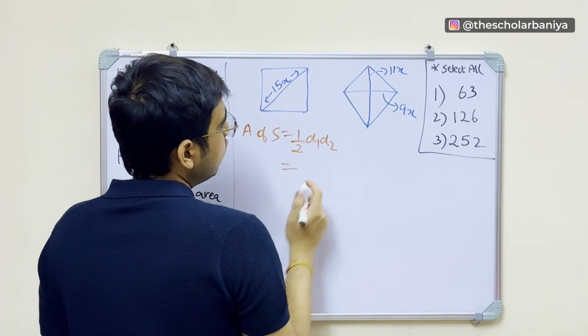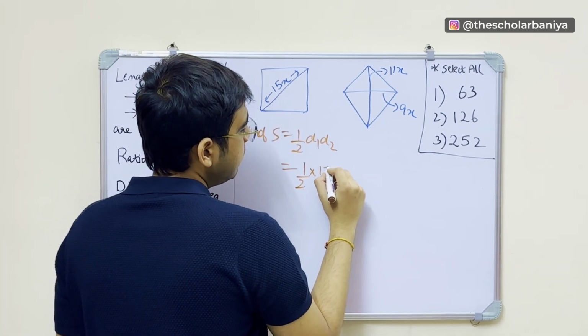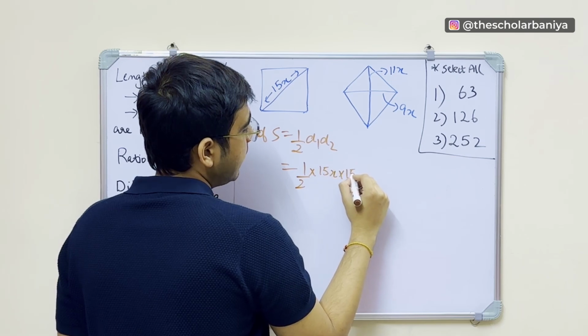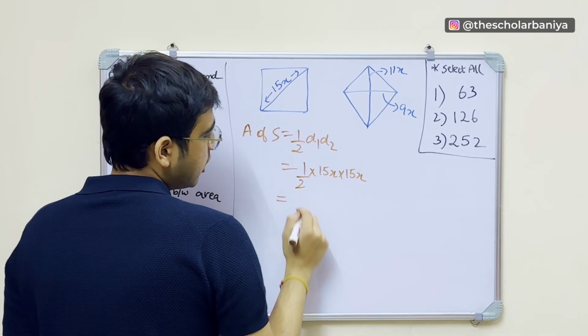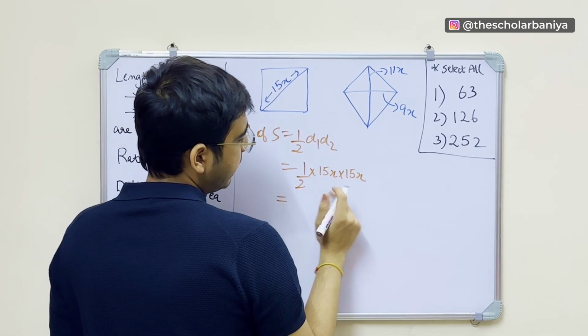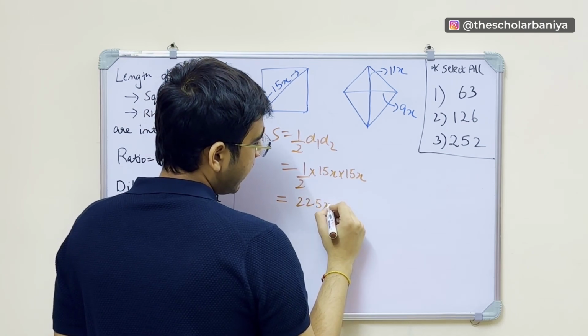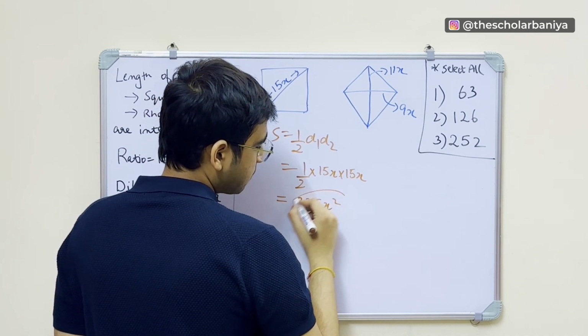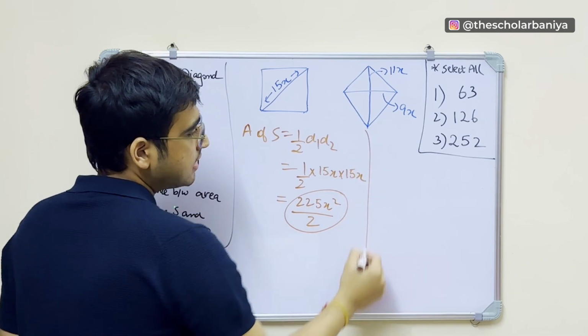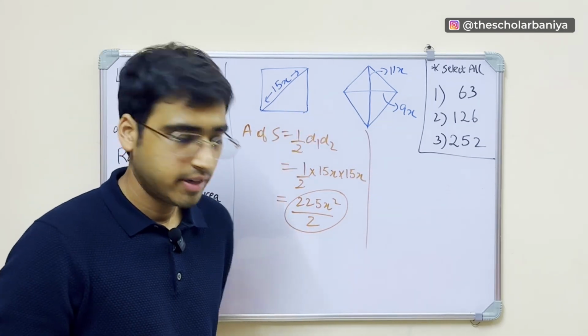So what is the diagonal over here? Half into 15x into 15x, right? So this comes out to be how much? 15, 15, 225, 225x square upon 2, right?